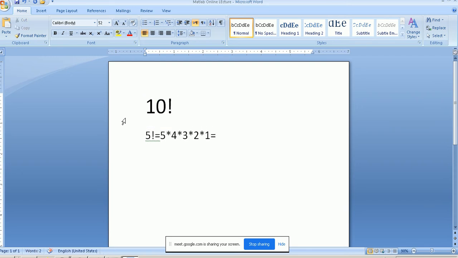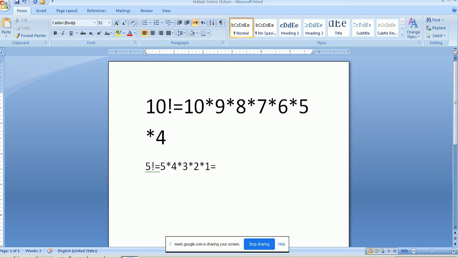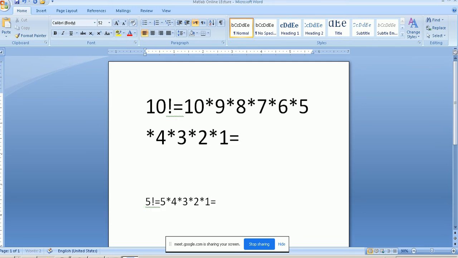What is it equal to? It's equal to 10 times 9 times 8 times 7 times 6 times 5 times 4 times 3 times 2 times 1. Okay, and you will find the result.